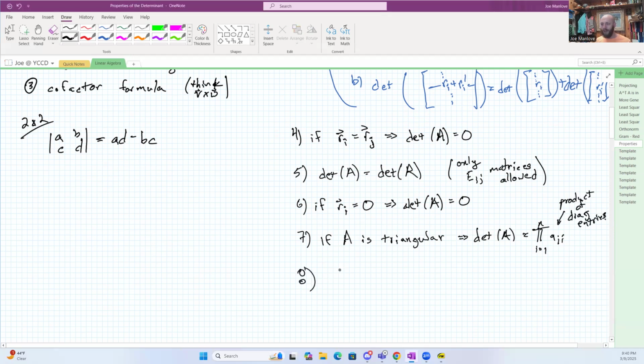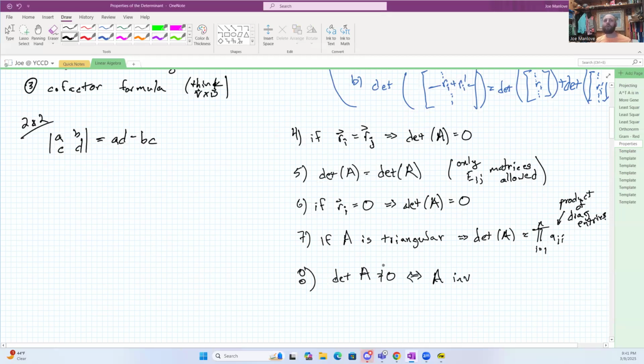Okay, property 8 is going to be if the determinant of our matrix A isn't zero, this is equivalent to A is invertible. Remember, we're only talking about square matrices here, so this is where invertibility definitely makes sense.